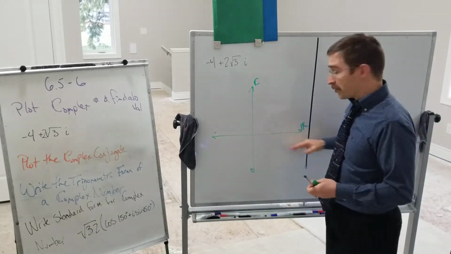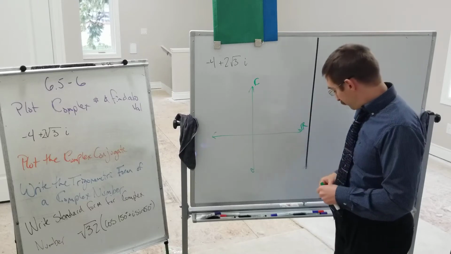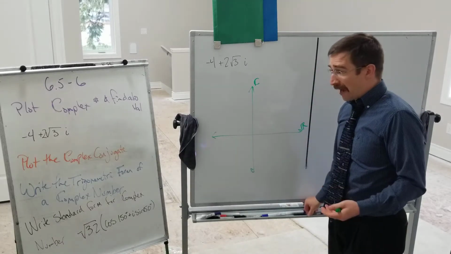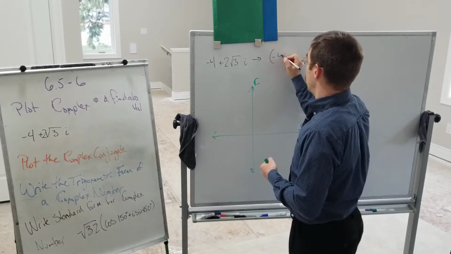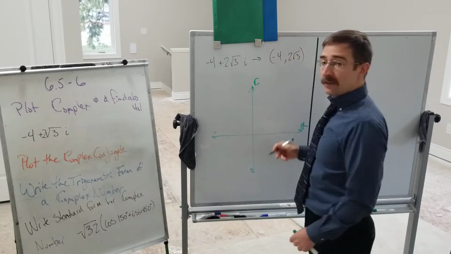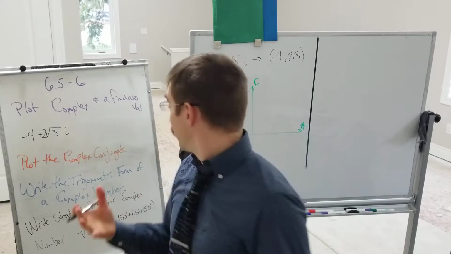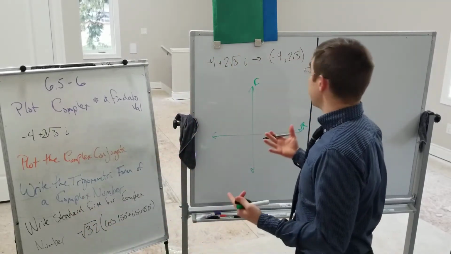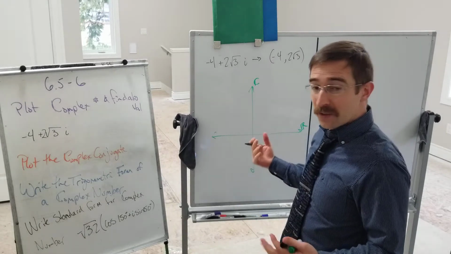So real numbers are like our x's, complex numbers are like our y values. So if I want to graph this, it's a -4 is my real number, 2 square roots of 3 is my imaginary part. So -4 is the real part, 2 root 3 is the imaginary part, and I'm just going to sketch where this is on the coordinate plane.